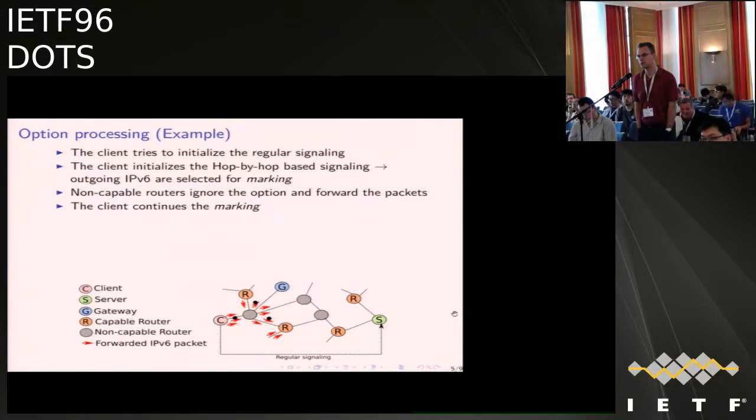For the first question, let's say we don't know. It's the rule-based definition of which packets you will select to mark with information. You can say all packets that are going through, but this is of course very costly because you will mark every packet.